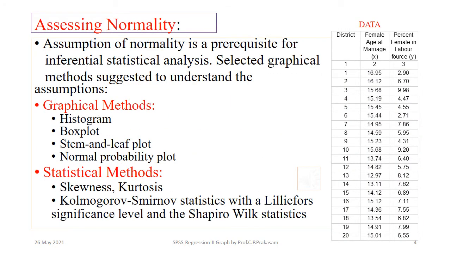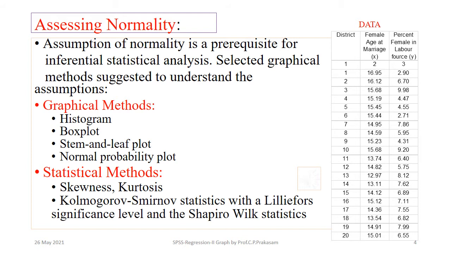The first assumption is assessing the normality. In all research works, assessing the normality is a prerequisite in inferential statistical analysis. The graphical methods suggested below will show how to prove the assumptions: the histogram, box plot, stem and leaf plot, and normal probability plot.